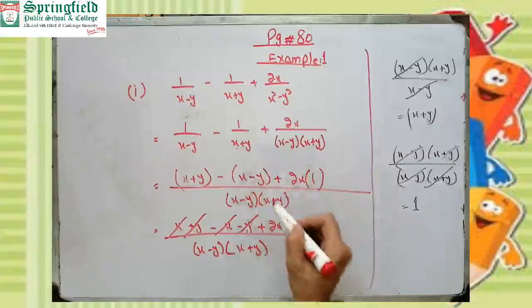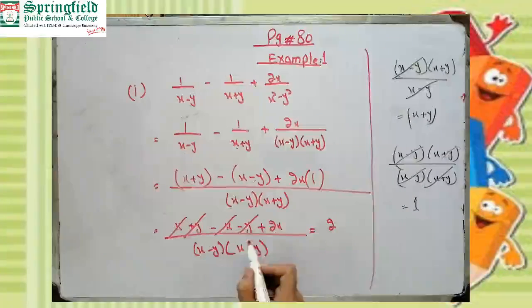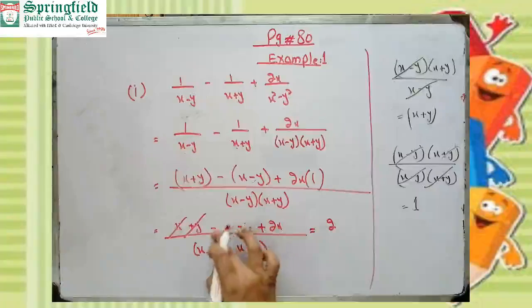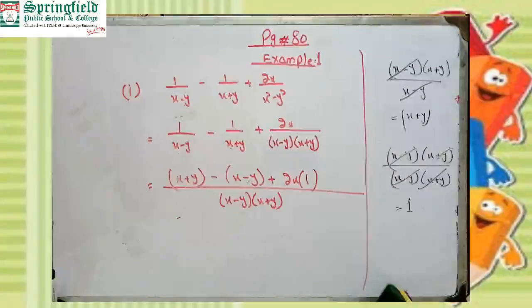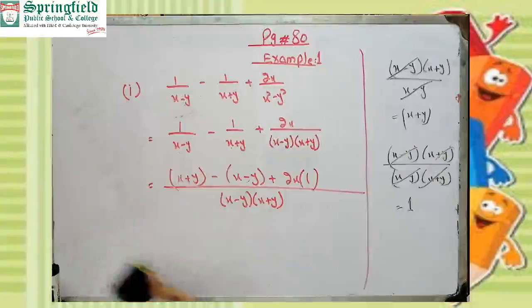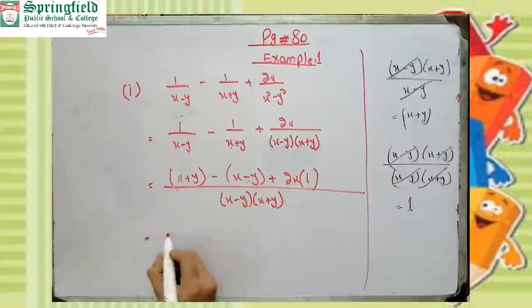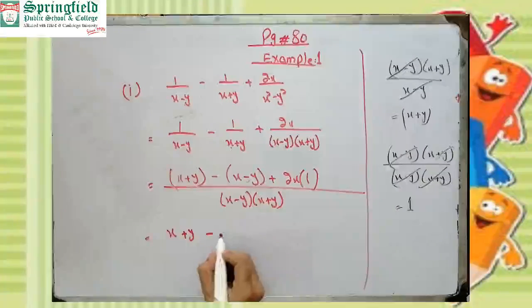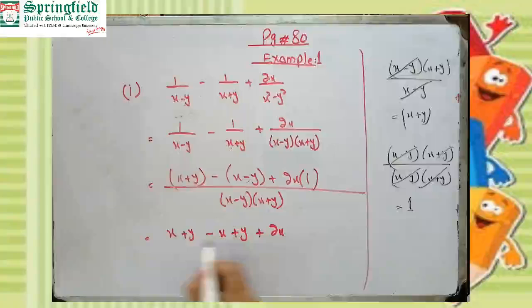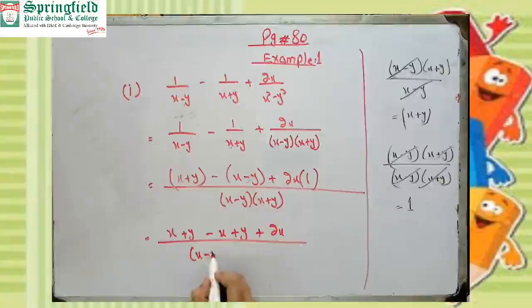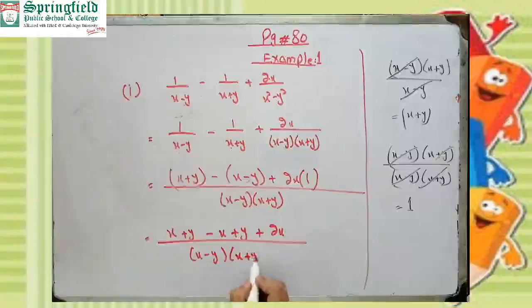When we cancel x plus y, x minus y will be obtained. Sorry. We will write this step again: x plus y minus x minus plus y plus 2x divided by (x minus y)(x plus y).